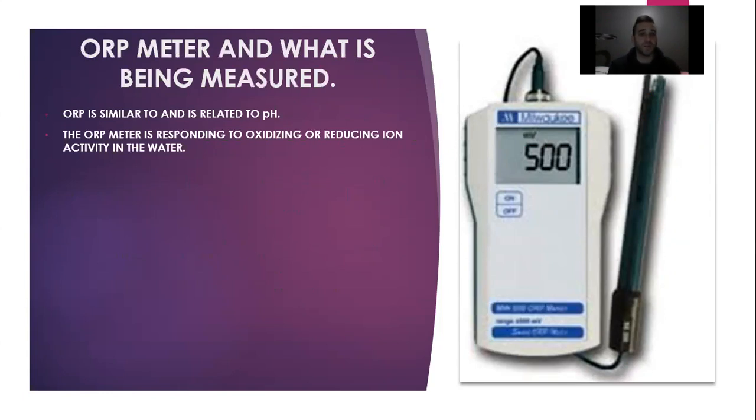The ORP meter is responding to oxidizing or reducing ion activity in the water. So if someone says, well, what does that mean? Because I had one individual once ask me if that was measuring the conductivity of the water. He used to work for a water filtration company, and he knew all about water pH, water chemistry, buffers, and he knew about increasing water conductivity.